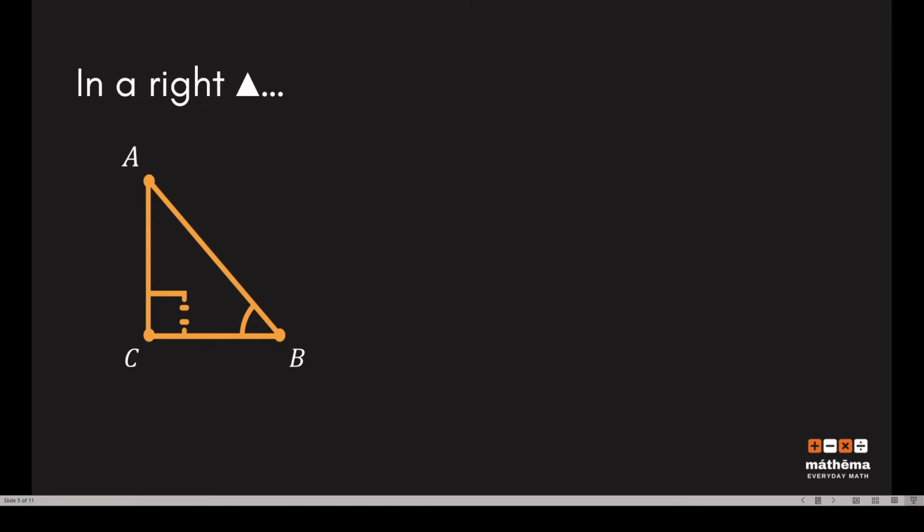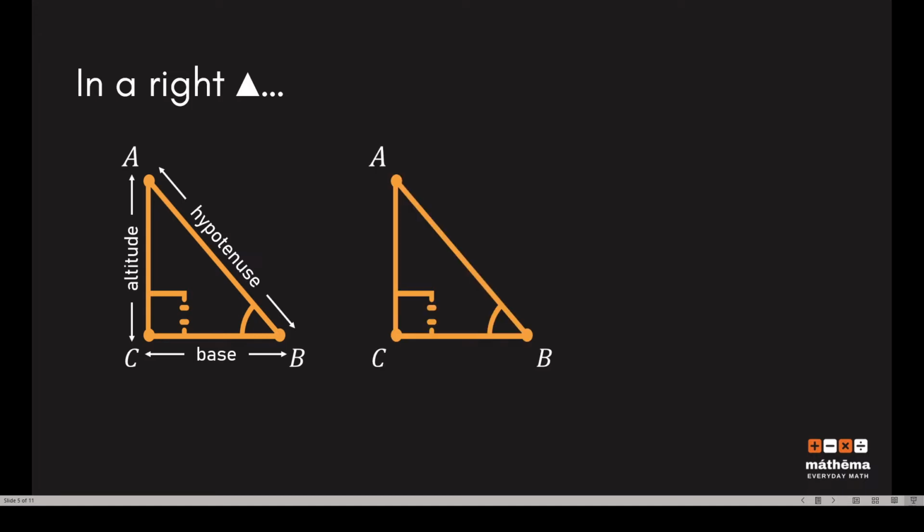Now I want us to consider this right triangle ABC. Remember again that this is our hypotenuse. The hypotenuse is always opposite the right angle. This will be our altitude or the height of our triangle, and this will be the base of our triangle. Using the same illustration, with respect to angle A, this side will be the opposite side of angle A. This side will be the adjacent side of angle A, and of course that will be our hypotenuse.